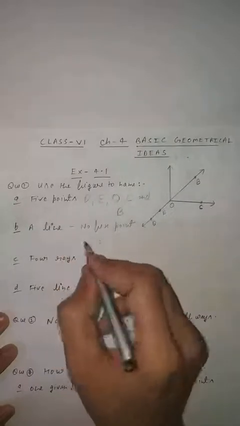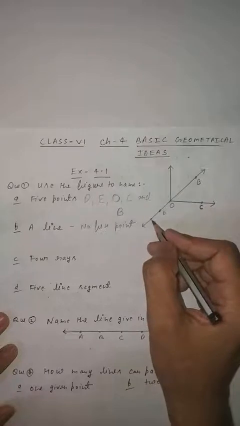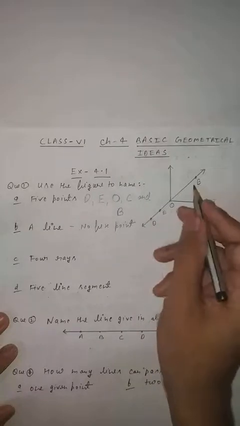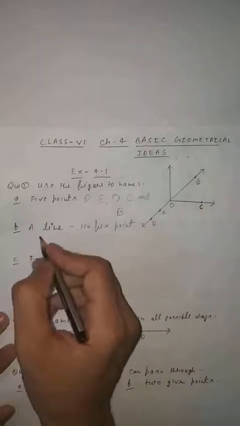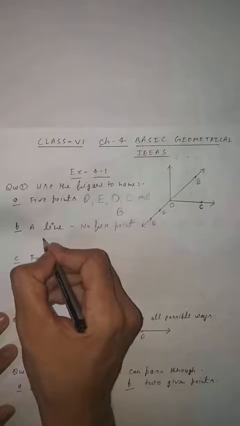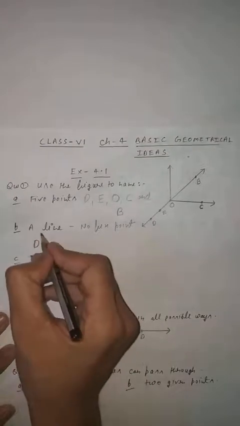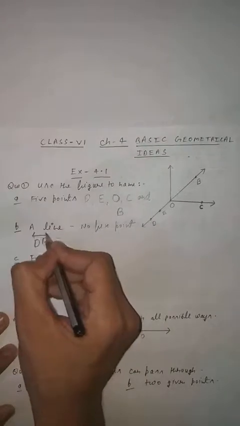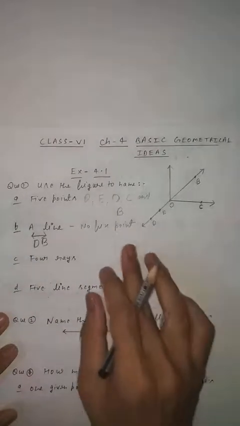I am writing one here, the other you will find out yourself. So if you talk about D, B, you can extend D this side and extend B this side. So you can write line DB. This is your sign. Clear? Line means you can extend it and there is no fixed point.